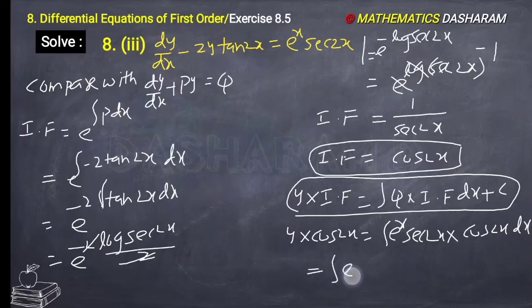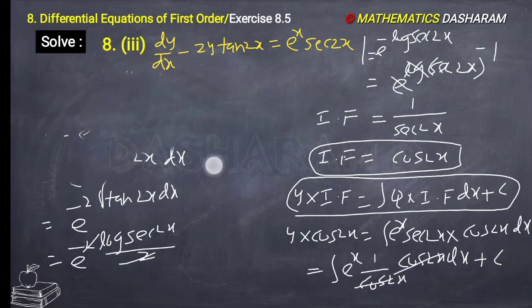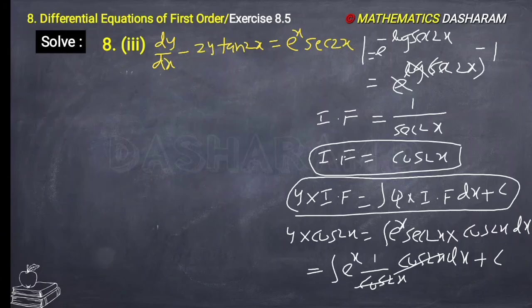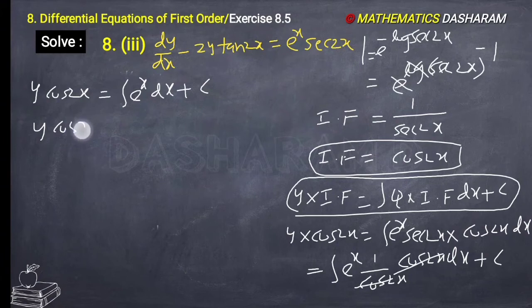So e to the power of x sec 2x means 1 by cos 2x, into cos 2x dx plus c. Both are cancelled. So y into cos 2x equals integration e power x dx plus c. So y into cos 2x equals e power x plus c is our required answer.